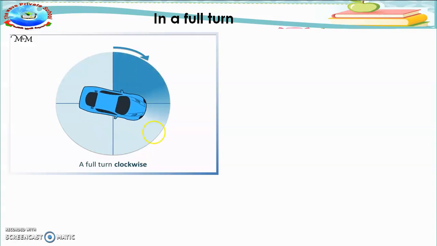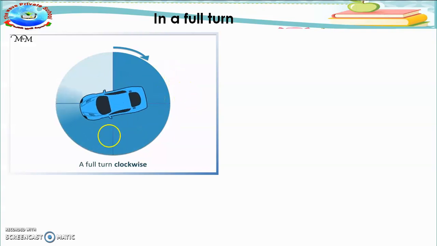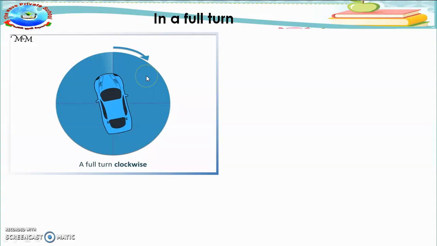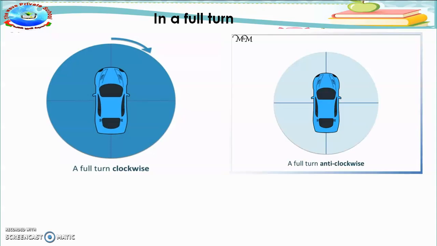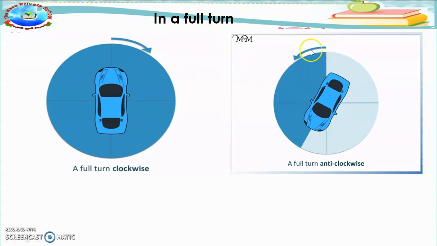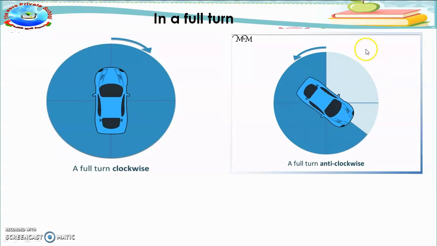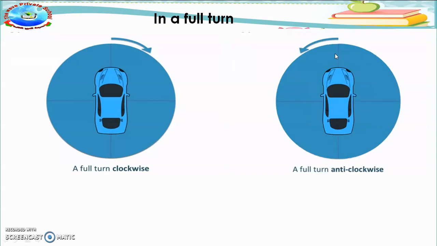The car is moving in a clockwise direction and it is a full turn. Look at the full turn in the anti-clockwise direction. The car is moving in an anti-clockwise direction and it is a full turn. That means it has reached its starting point.